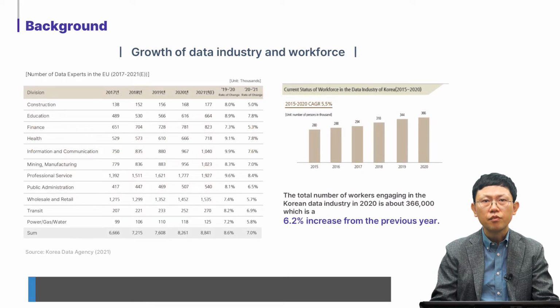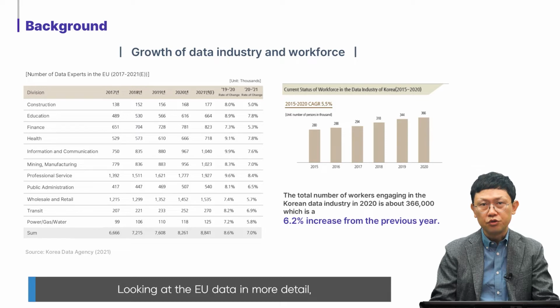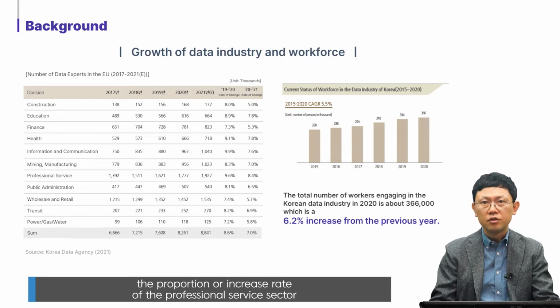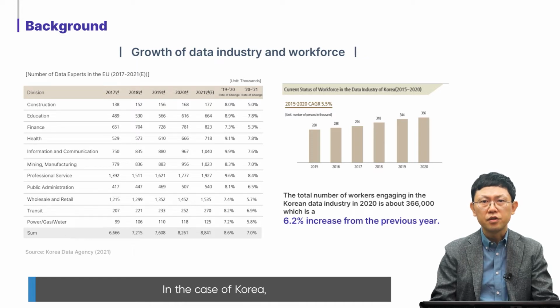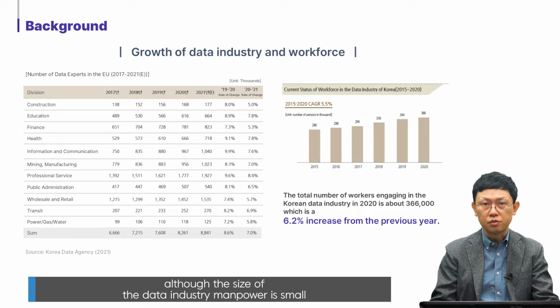Looking at the EU data in more detail, the proportion or increase rate of the professional service sector is high among various fields. In the case of Korea, although the size of the data industry manpower is small compared to the previous four countries, it can be confirmed that it is also continuously increasing.